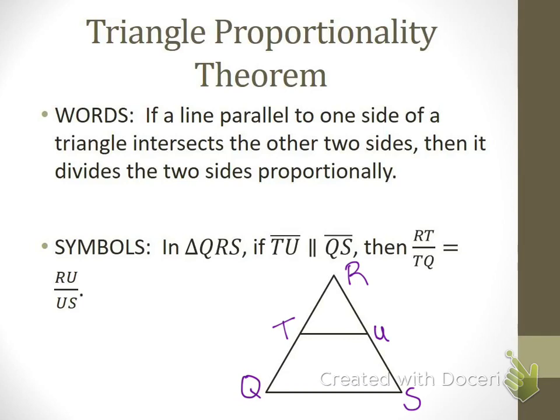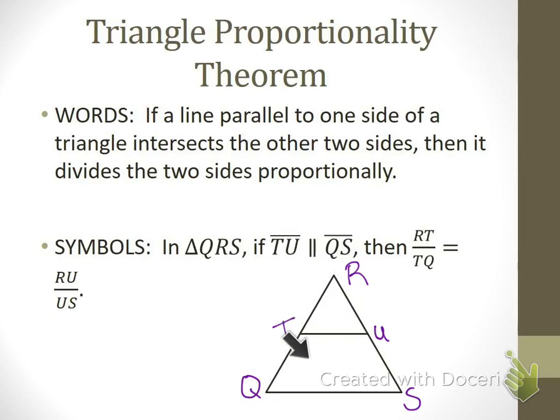All right, in words, if a line parallel to one side of a triangle intersects the other two sides, then it divides the two sides proportionally. So in this case, that line parallel to a side is TU.